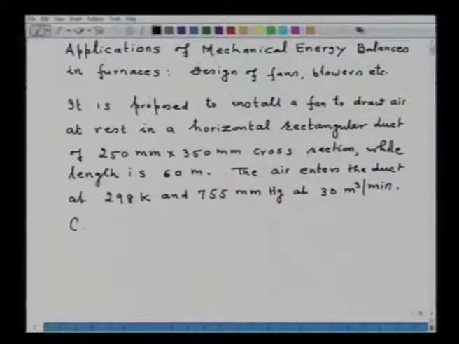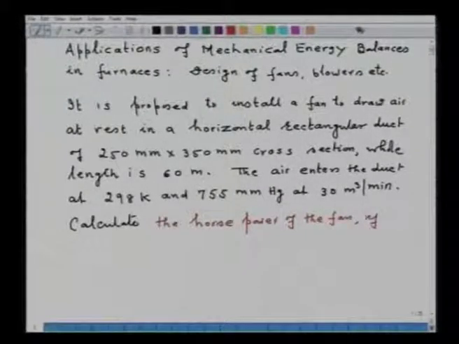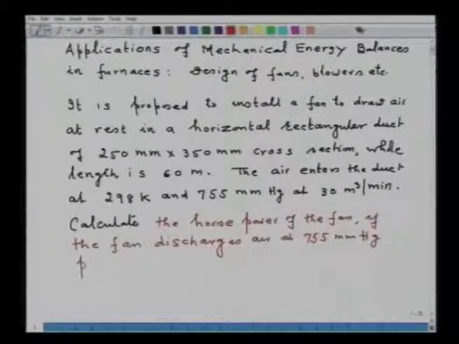the horsepower of the fan. Calculate the horsepower of the fan if the fan discharges air at 755 millimeter mercury pressure.